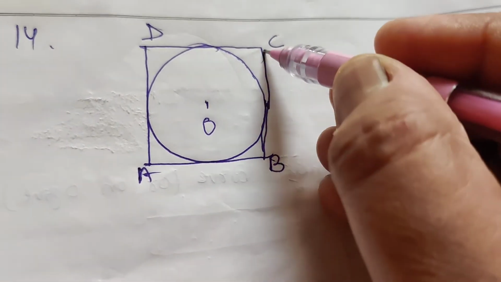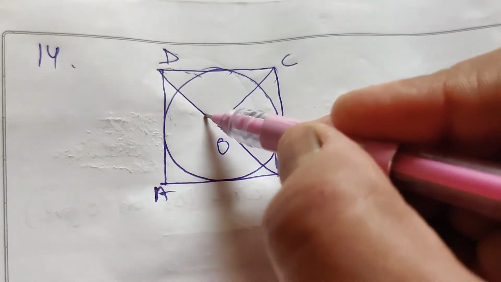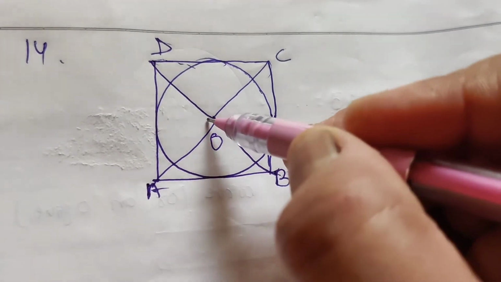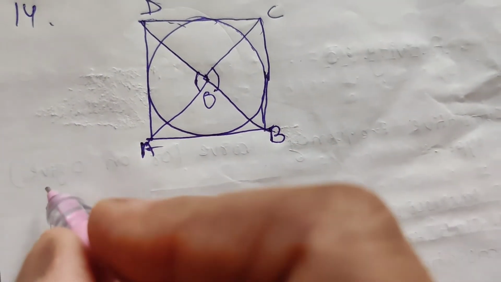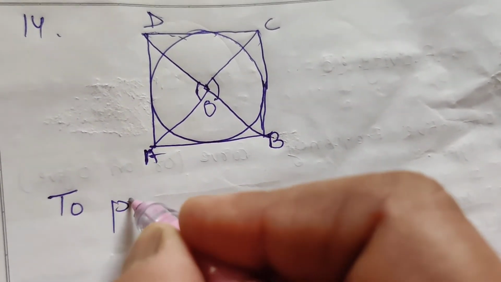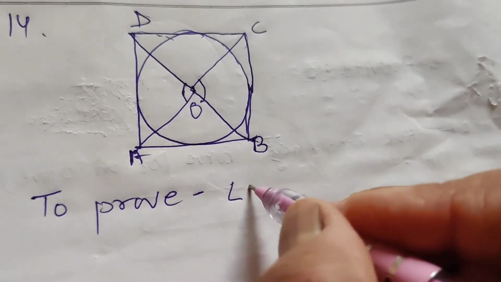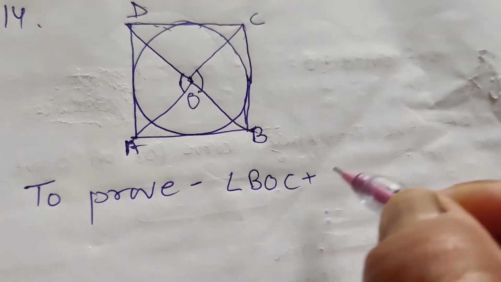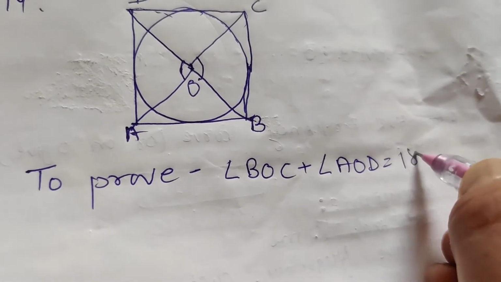It means angle BOC plus angle AOD, the sum of these two angles, equals 180 degree. To prove: angle BOC plus angle AOD equals 180 degree.